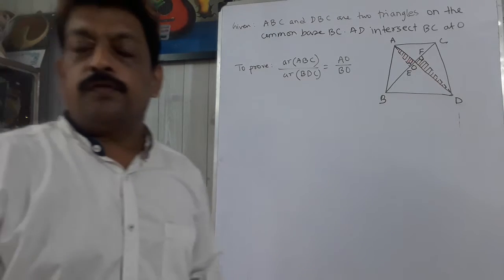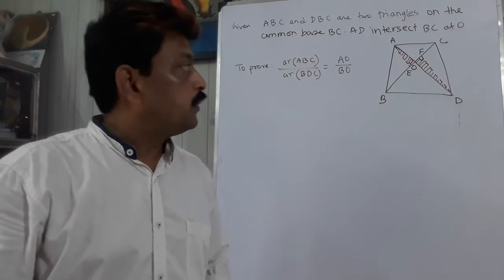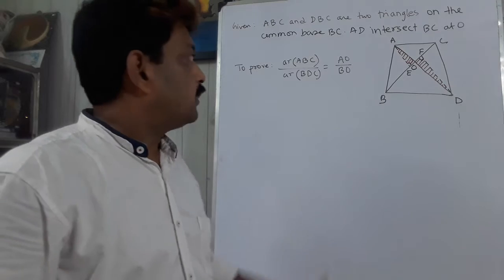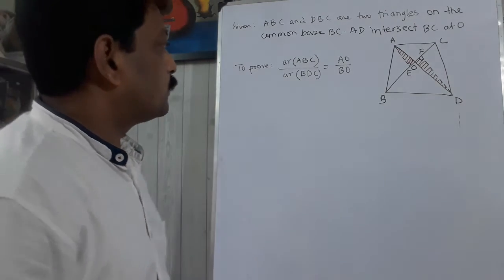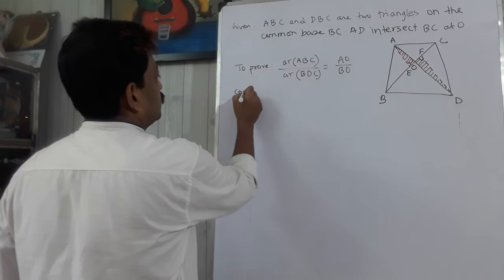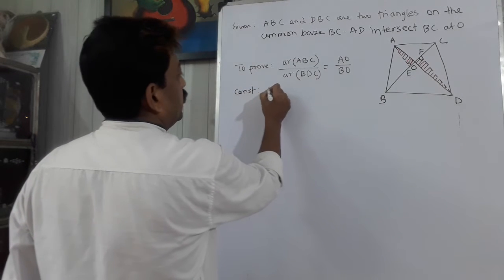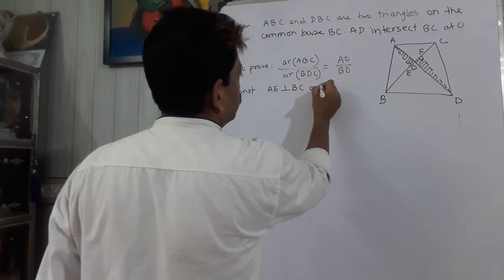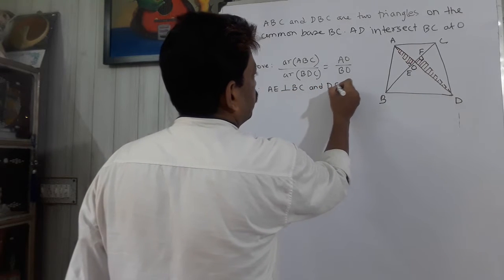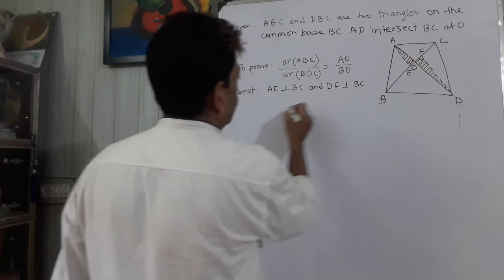We have to prove that these two triangles are similar, then we can prove this question also. So construction: AE perpendicular to BC and DF perpendicular to BC are drawn.